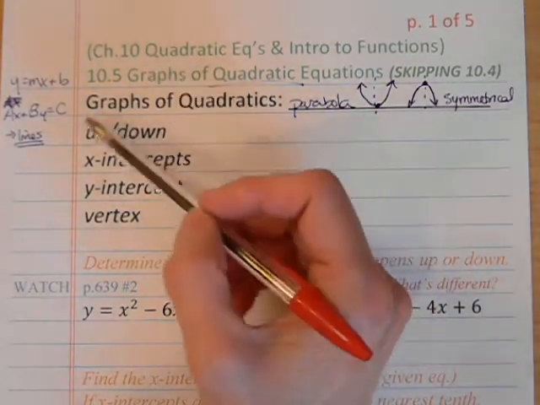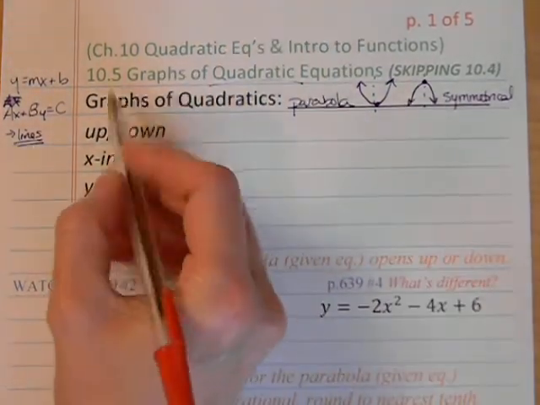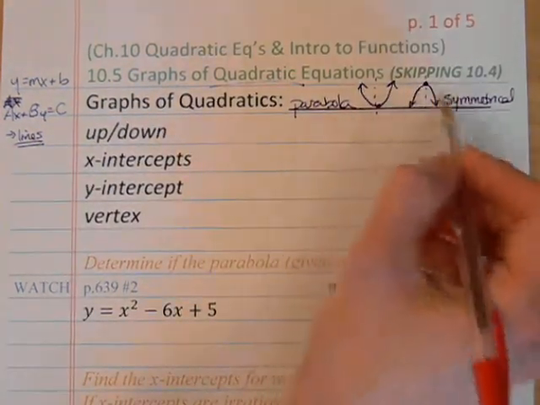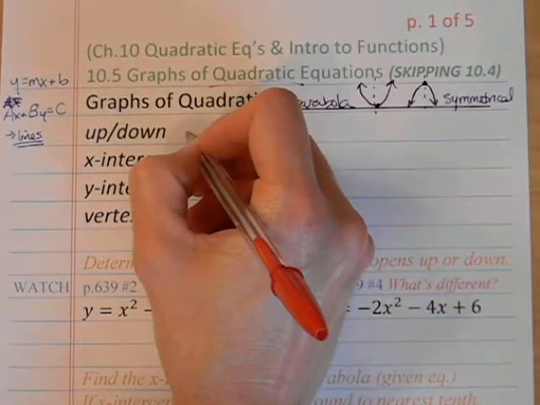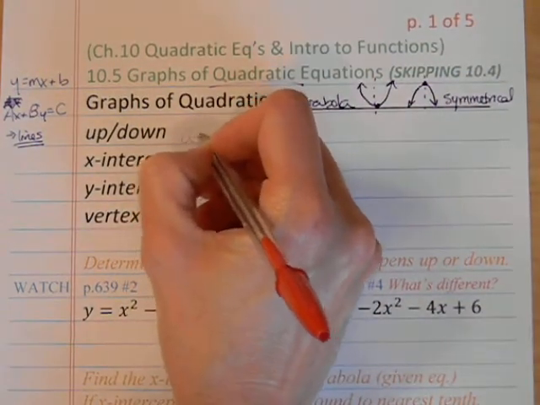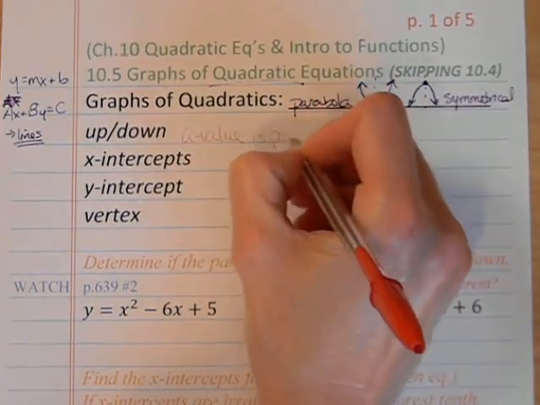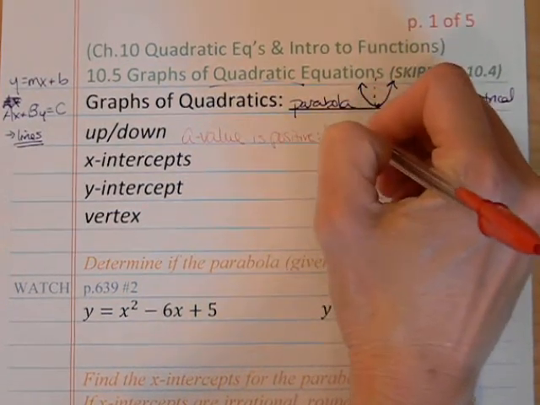There are some things that we can determine just by looking at the equation of a quadratic. Just by looking at it, we can determine if it's going to be facing up or facing down. If our a value is positive, then it's facing up.